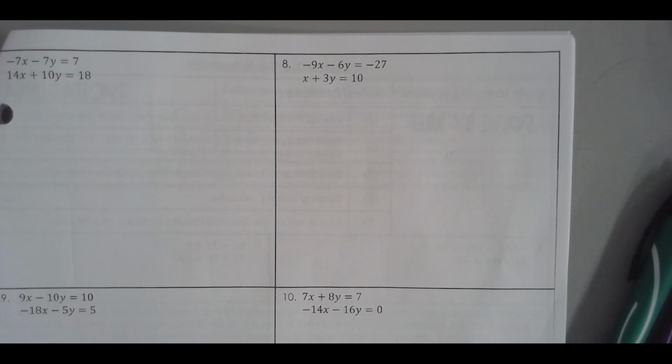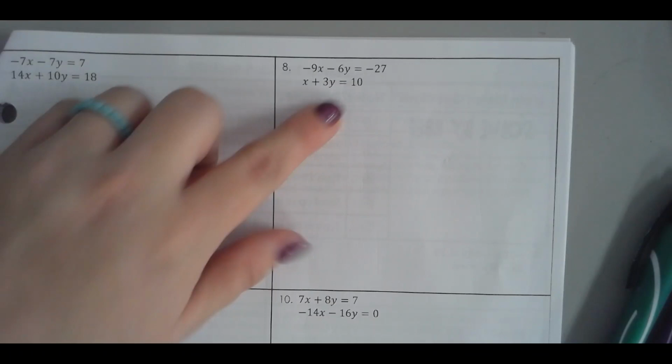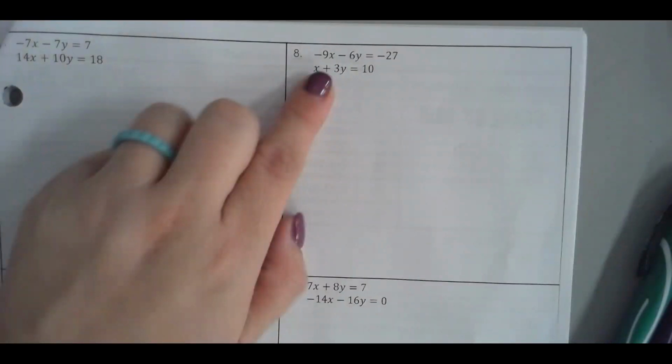Actually, there might be two ways you could go about this and still get the right answer. I know my y's need to be a positive 6. Either way, that would help me be able to eliminate one of the variables.